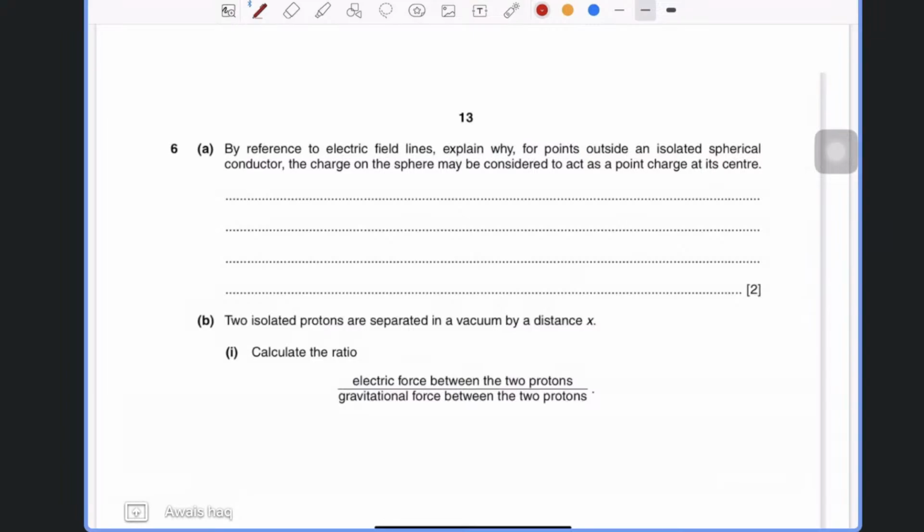Yeah. So for 2 marks, if I were you, I would write that lines are always perpendicular to the surface, and they appear, writing appear is something very important, appear to come from the center. You should write that and it would give you 2 marks.